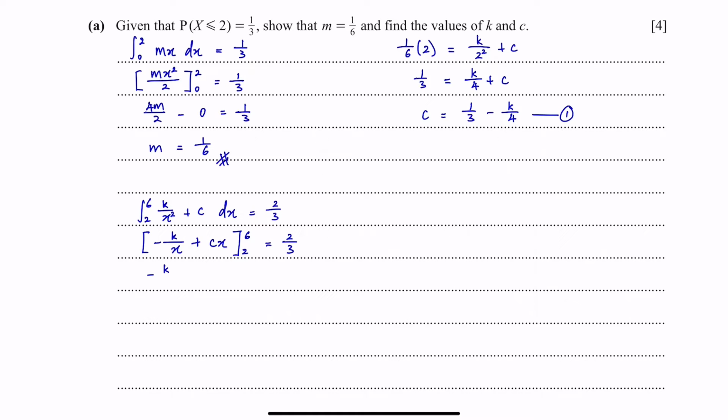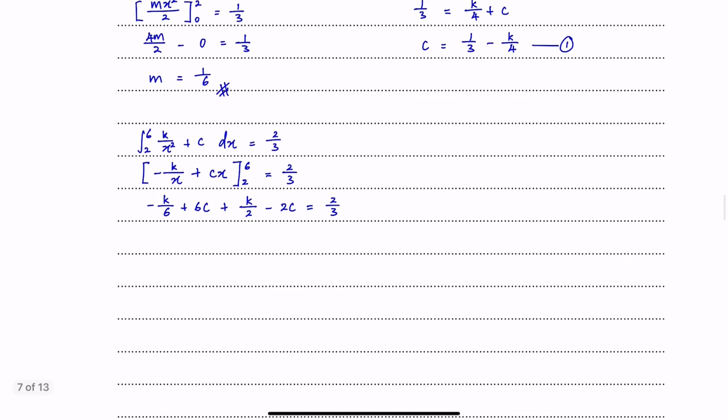We get negative k over 6 plus 6c plus k over 2 minus 2c is equal to 2 thirds. And we have k over 3 plus 4c equals to 2 thirds. This would be our second equation.